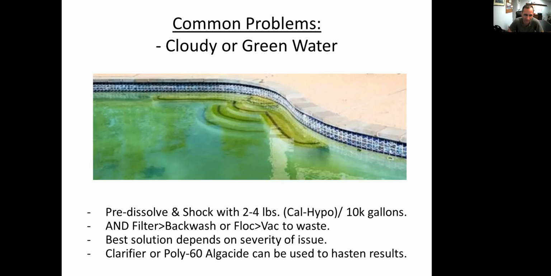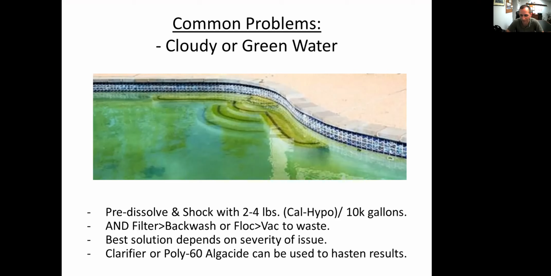So the best thing to do in heavy cloudiness or heavily clouded pools is to use Hydro Flock. You can use alum too. It's another type of flock, but the Hydro Flock is a high quality one. Seems to work really well.